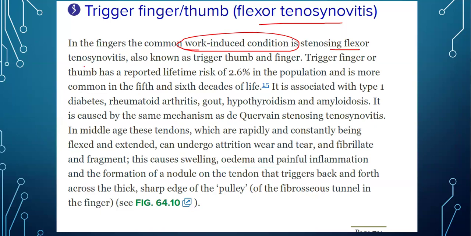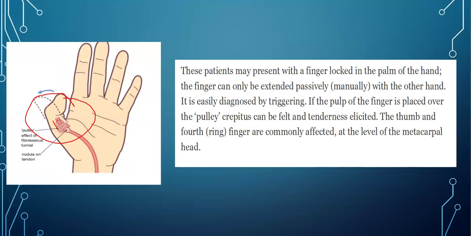It is also known as flexor tenosynovitis. Why is it called flexor tenosynovitis? Because this causes a flexion deformity of the thumb or other finger, and the patient needs to manually extend the finger. So the finger will be locked in the palm of the hand, and the finger can only be extended manually.